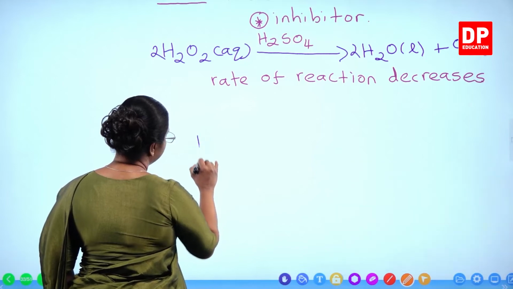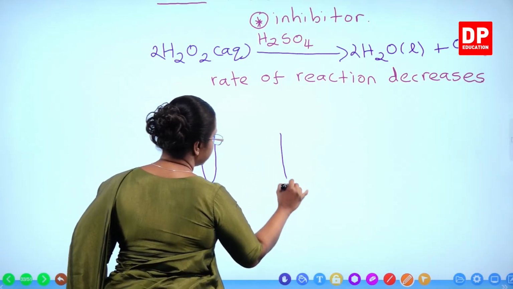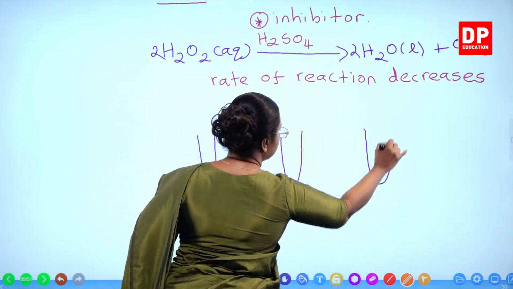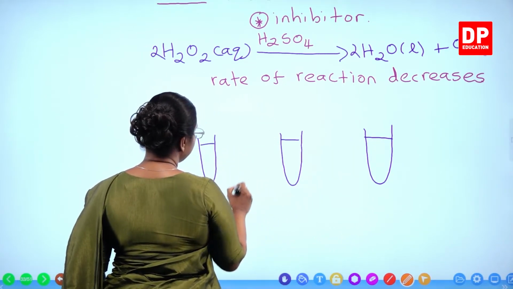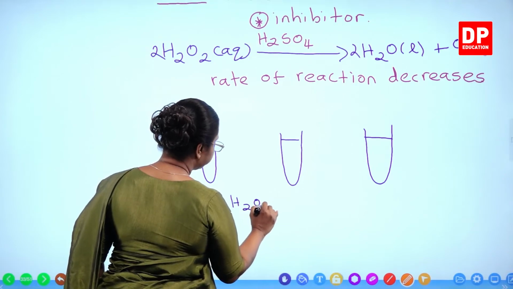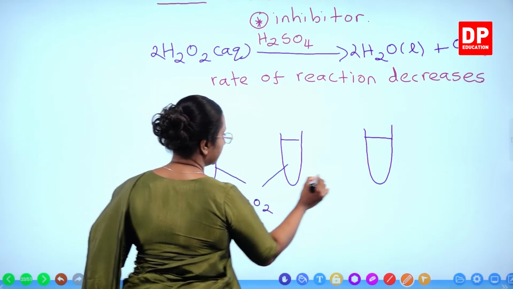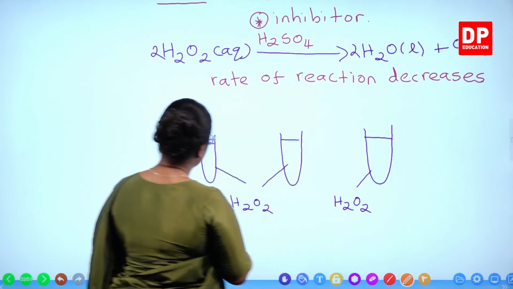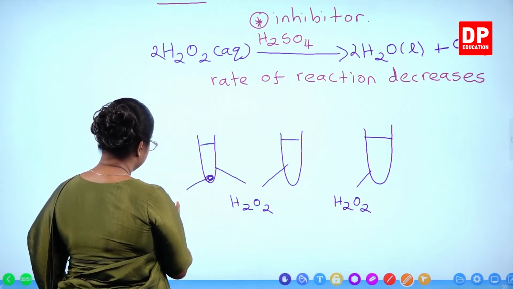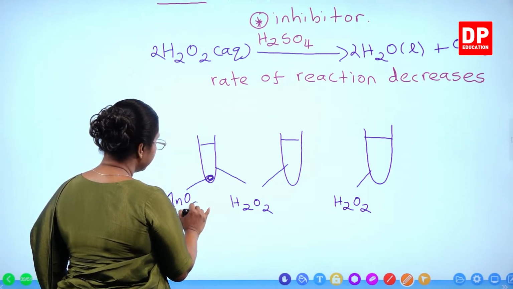now you can have 3 test tubes with equal volumes of H2O2. Here we can take manganese dioxide.